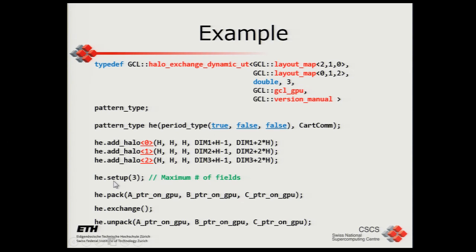Then we set up our pattern. We pack. In this case, we pass 3 pointers, which basically point to data on the GPU, and then we run the halo exchange, and then unpack the data back into the GPU pointers.